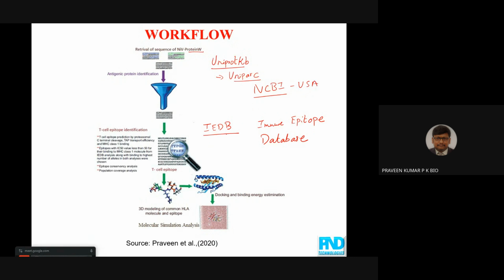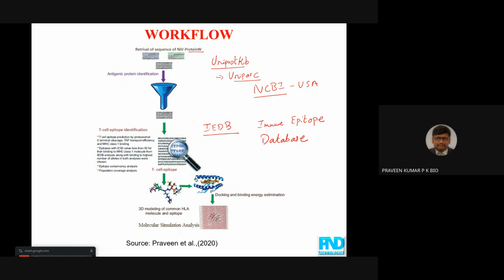NCBI, the National Center for Biotechnology Information, is the largest bioinformatics database. And IEDB, the Immune Epitope Database, is the largest immunoinformatics database. We have plenty of information related to T cell epitopes and B cell epitopes. There are also plenty of tools present on the same website URL to work with these tools and databases.